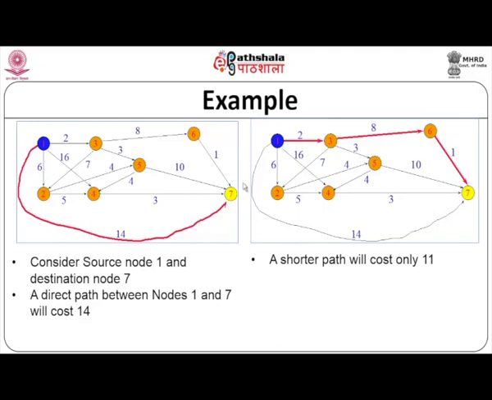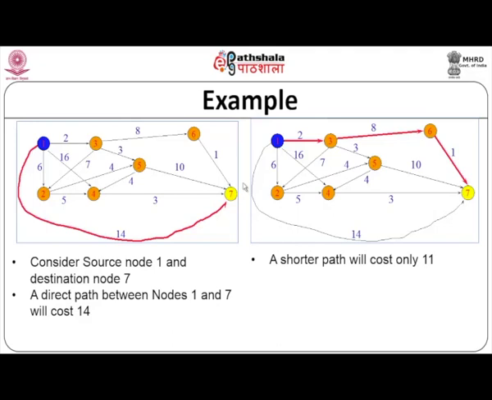You can also have 1, 3, 5, 7, which will give you 15. So, it is higher. Like this you can find that there is only one, maybe more than one also, but here we have only one shortest path. We want to find whatever exists, that particular shortest path. So, 1, 3, 6, 7 is the path.